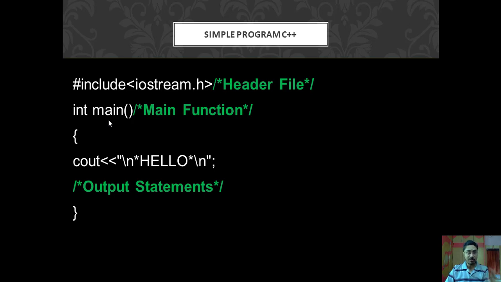Without the main function, the program will not be executable. Int is nothing but the return type of this function. It means whether this function will return something to the caller or not will be decided by this return type. So here we used integer as the return type. That means this function is going to return some integer value to its caller.